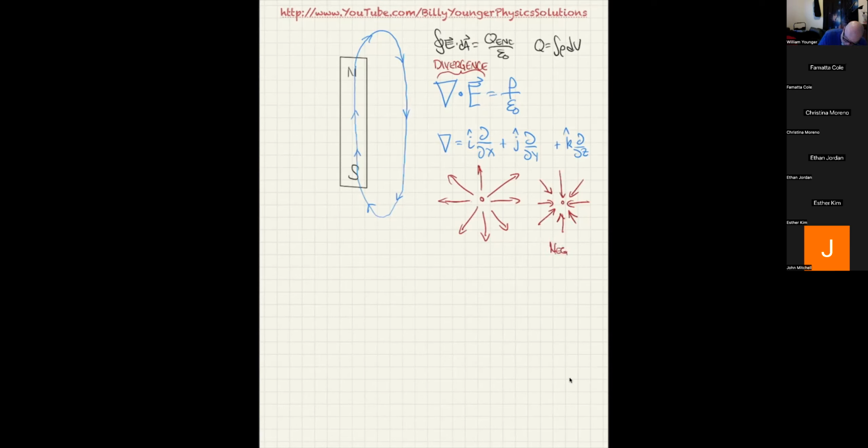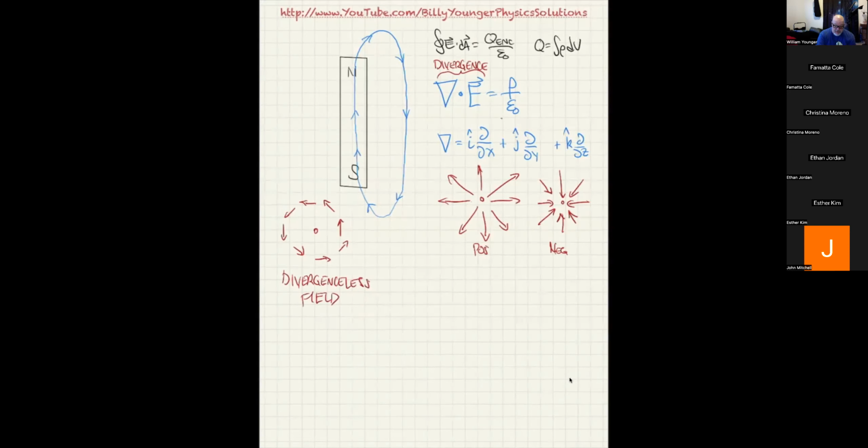And this one would have a lot of positive divergence because all these lines are diverging from that spot. In contrast, if you had a dot like this and your field was doing something like this, notice how all these vectors point along lines that are literally perpendicular to the lines that we drew earlier. This would be a divergenceless field.